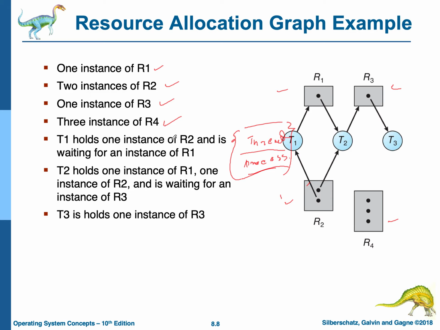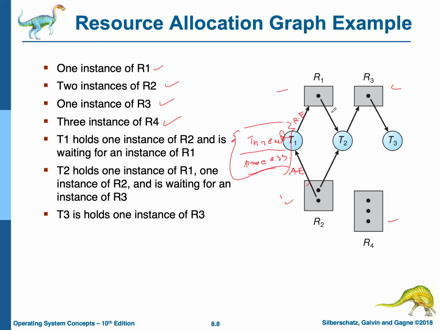So T1 holds one instance of R2, and is waiting for an instance of R1. This is an assignment edge, this is a request edge, and this is an assignment edge. This is a request edge.